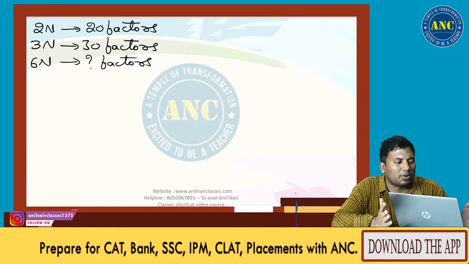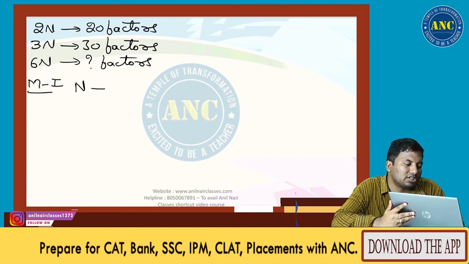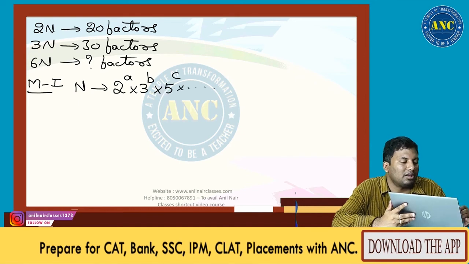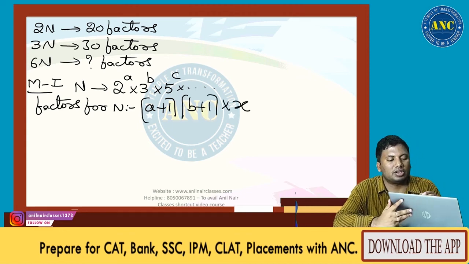You can solve this problem in multiple ways. So method 1 we will do. Method 1. We will take the number as a power of prime bases: 2 power a into 3 power b into 5 power c and so on. Factors for n will be a plus 1 into b plus 1, remaining I will call it as x. X is c plus 1, d plus 1 and so on.